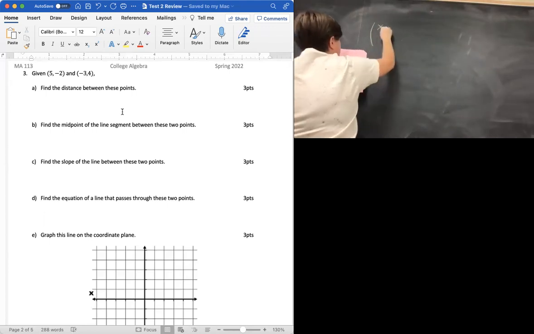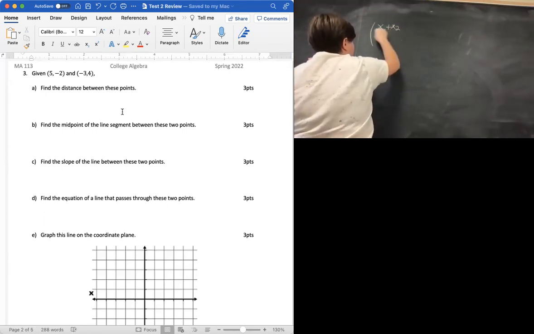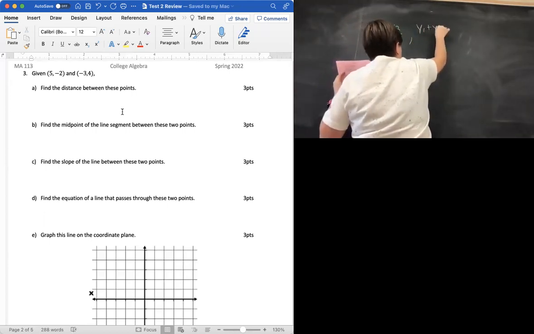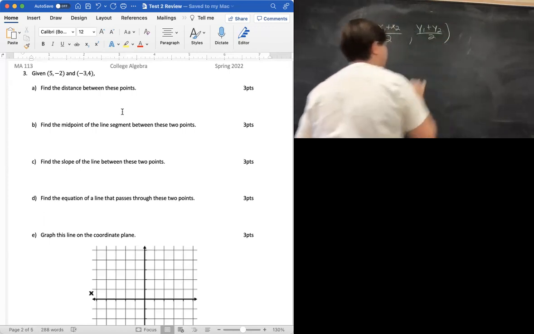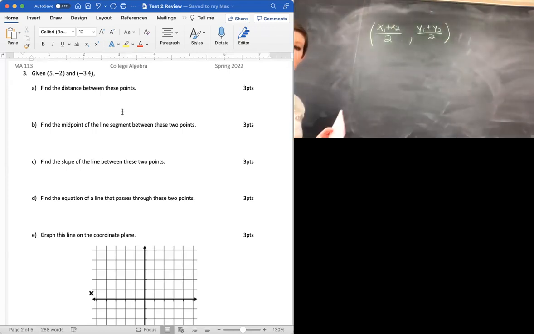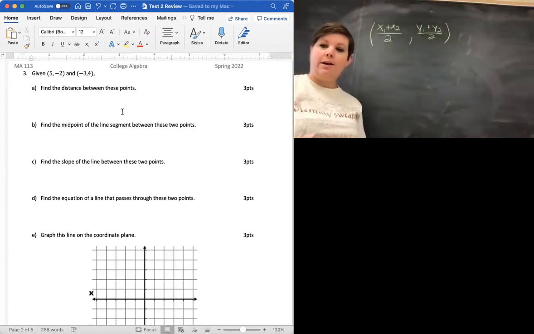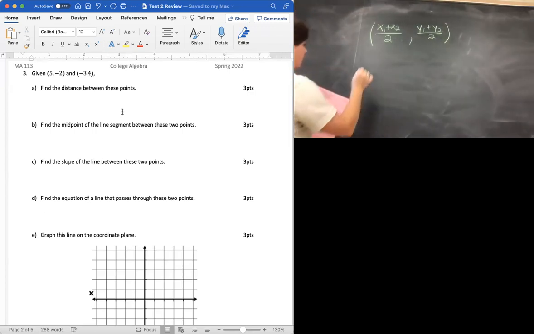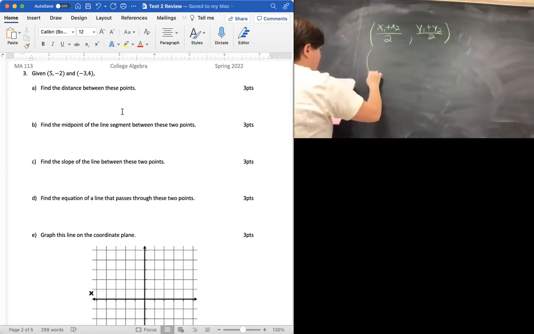So midpoint was x1 plus x2 over 2, and y1 plus y2 over 2. And those are given in parentheses because it's an ordered pair. The midpoint is a point given in xy form. So what is x1?